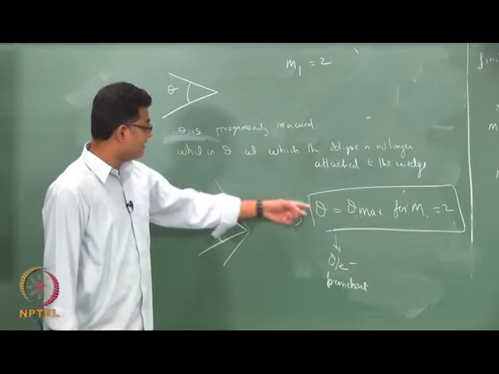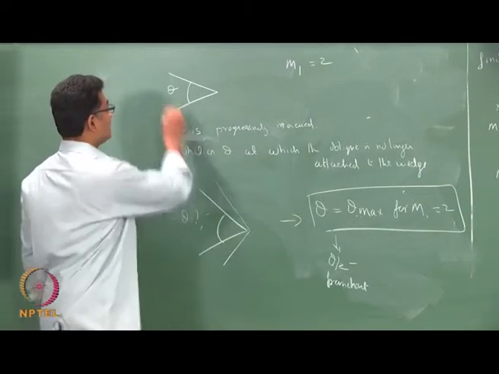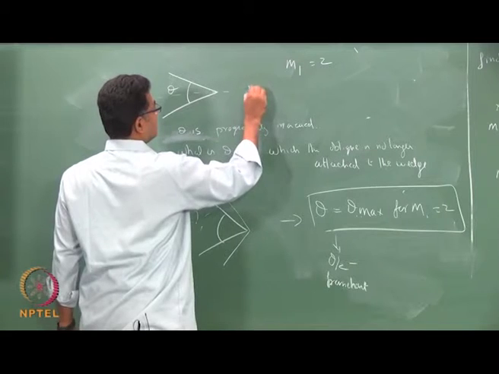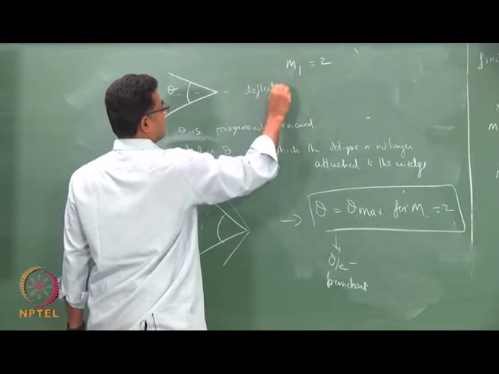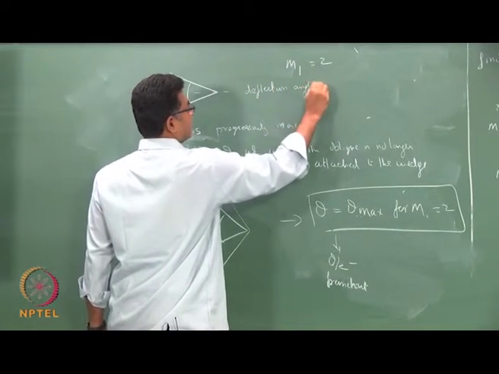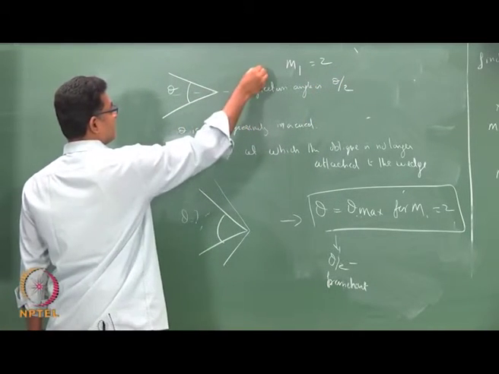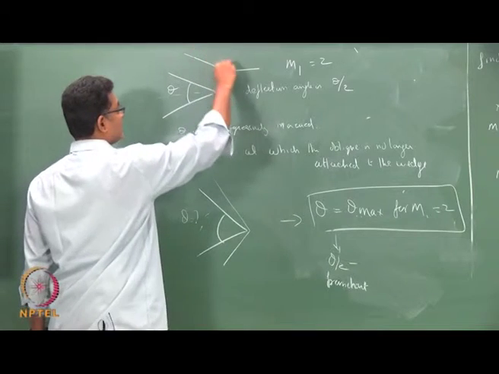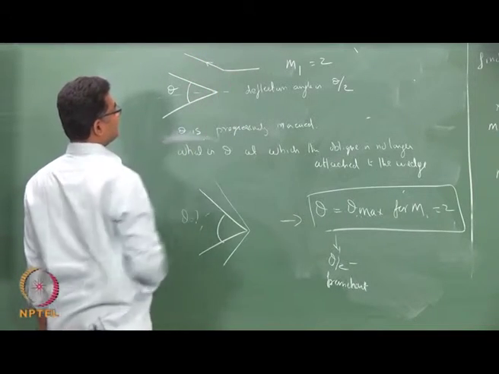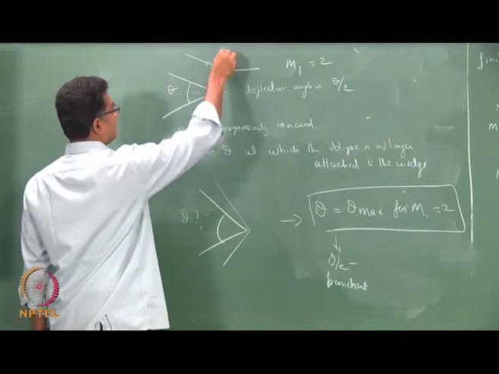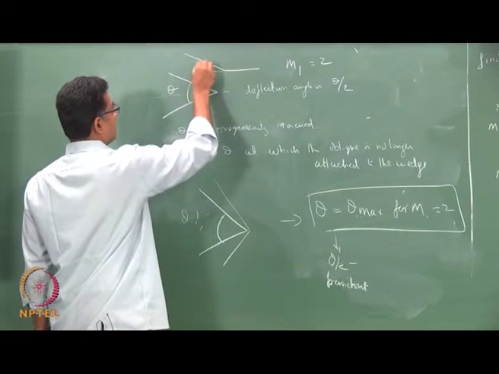So, the deflection angle is half of the wedge angle, because the flow comes here and is deflected this way. So, this would be theta by 2.